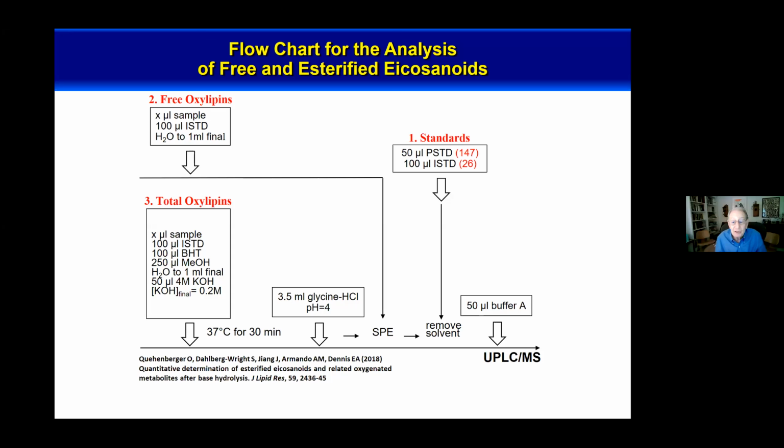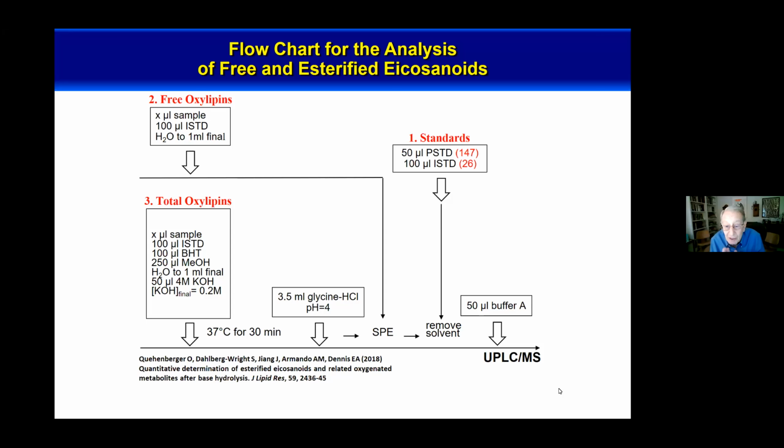So using this method, let me now summarize what it is saying. When we're doing icosanoids and related species, the very first thing we do is take 147 primary standards in our mix.